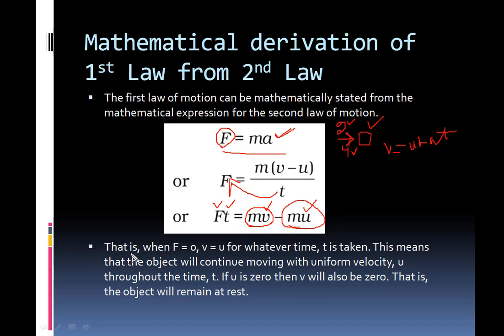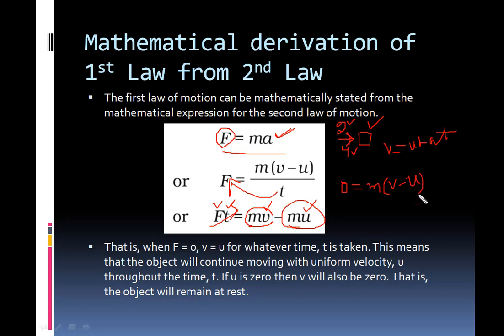Now suppose F is equal to 0. Then 0 into t becomes 0. So when F equal to 0, this term becomes 0. So 0 is equal to, if you take the mass common, m into (v minus u).